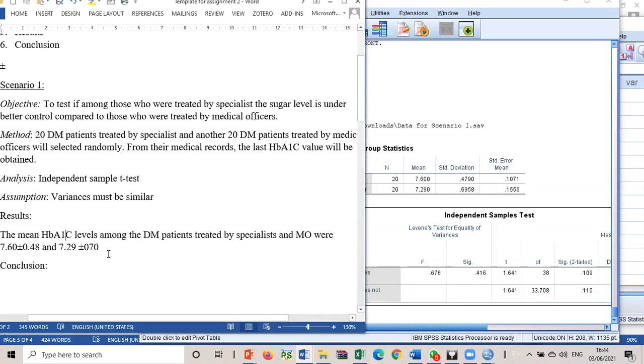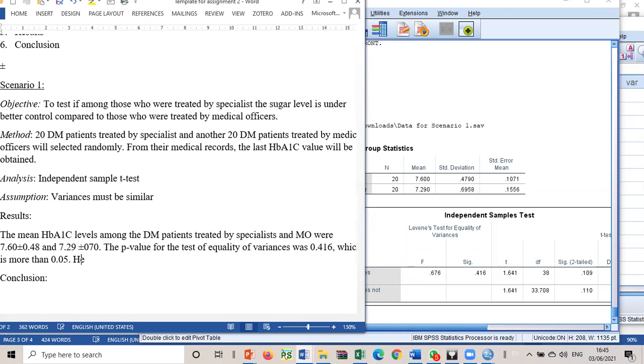So the p-value of the test of equality of variances was 0.6, right, which is more than 0.05, and the assumption is met.